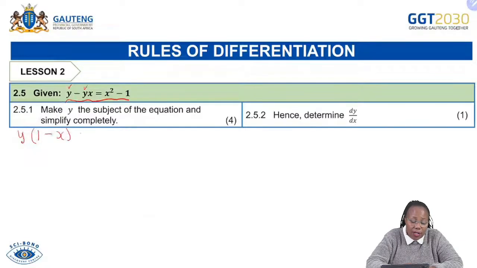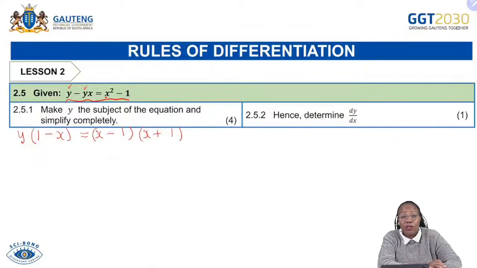And then on the right hand side, you have x squared minus 1, which is the difference of two squares factorization. So now we are going to have two brackets of the same thing. The other one must be negative, the other one positive. So we have x squared, there will be x times x, and then 1 times 1 is 1.